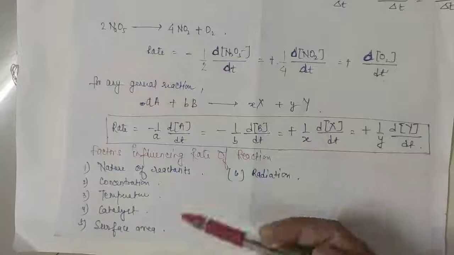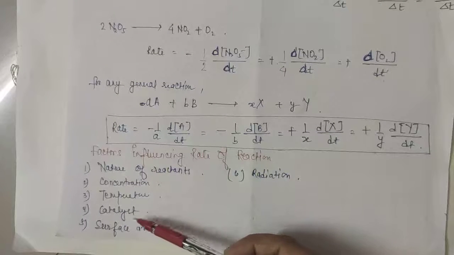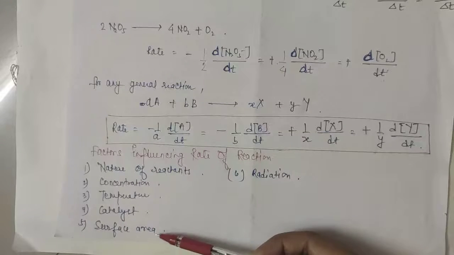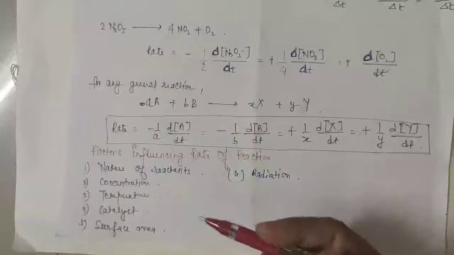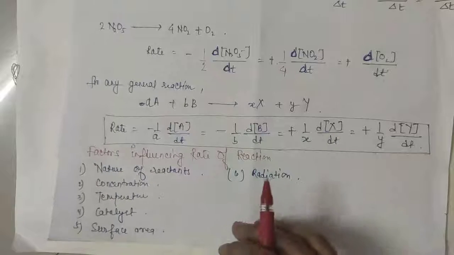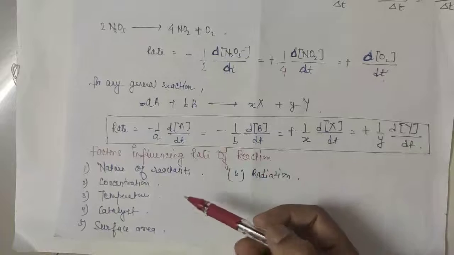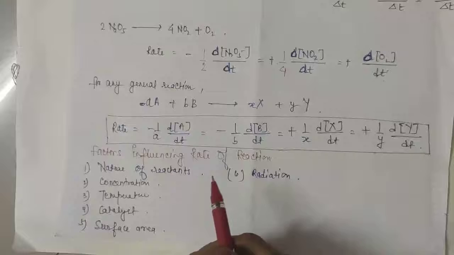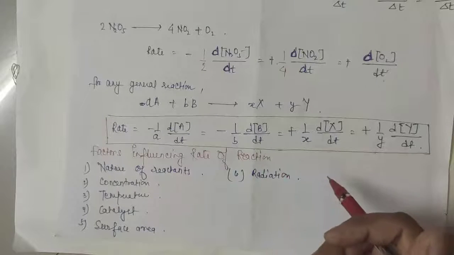So a catalyst helps to attain equilibrium quickly, thus making the reaction faster. Next is the surface area. A solid reactant, if taken in bulk, will take more time, and if in powdered form, the surface area of the reactant increases. So increasing surface area will increase the rate of reaction. The reaction will speed up if we take reactants in powdered form.